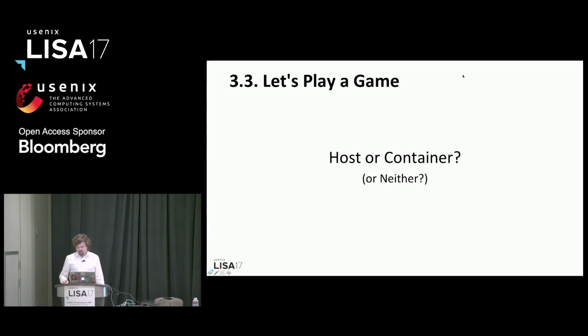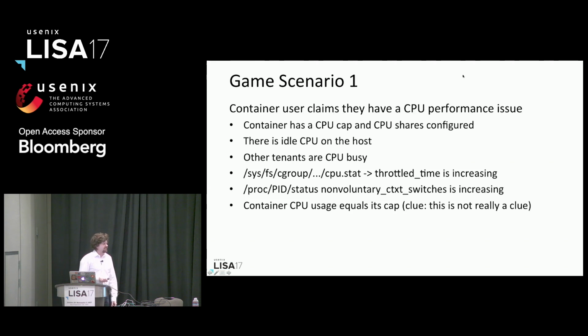As an example of how things get a bit complicated with containers, let's play a game. Let's see if we can figure out whether this is host or container. I'll just do one of these, but there's more in the slides. The container user claims they have a CPU performance issue. The container has a CPU cap and CPU shares. They're both there. There's idle CPU on the host. Other tenants are consuming CPU resources.